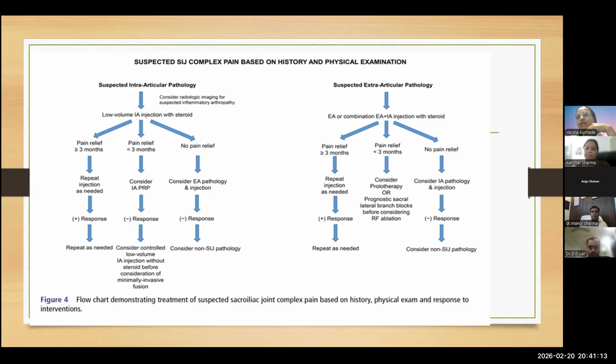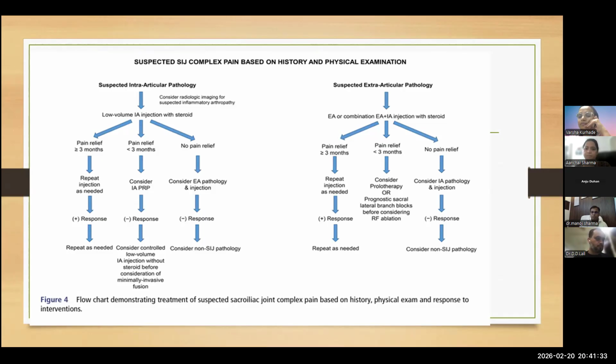When we suspect extra-articular and we inject, again, here I'm not clear. I would like to ask Dr. Manoj: if it is a combination of extra-articular plus intra-articular, how would we be able to differentiate if it is extra-articular or intra-articular pathology?